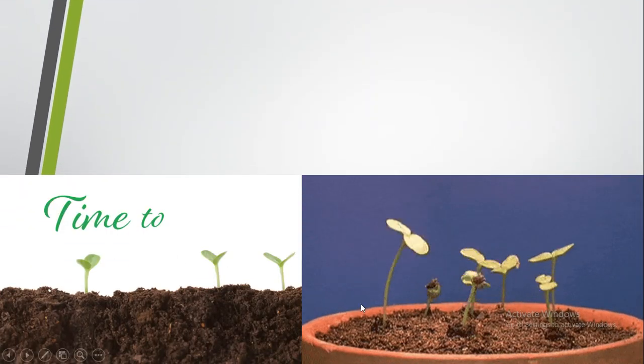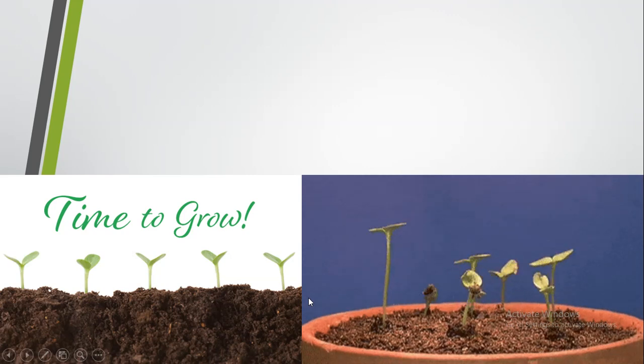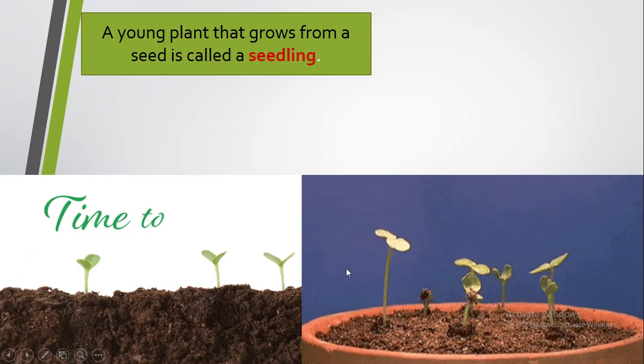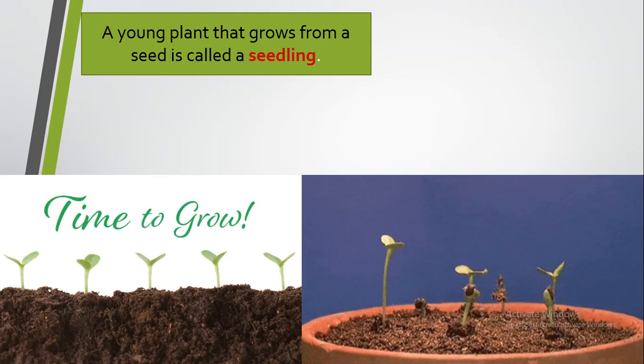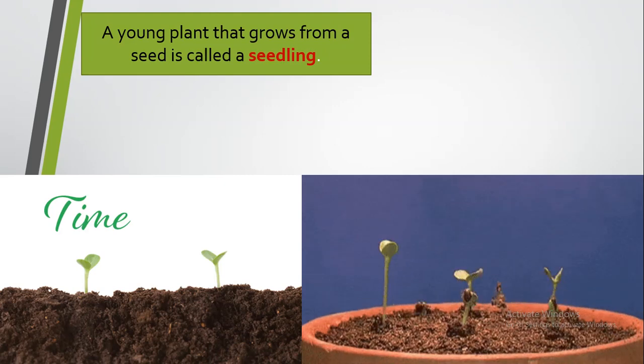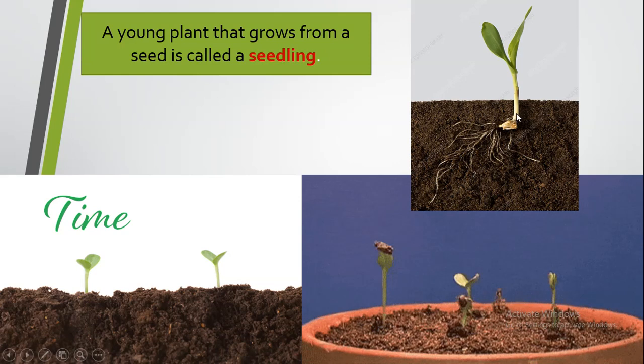Look at these two pictures. Time to grow. A young plant that grows from a seed is called a seedling. So the first stage is the seed. The next stage is seedling.